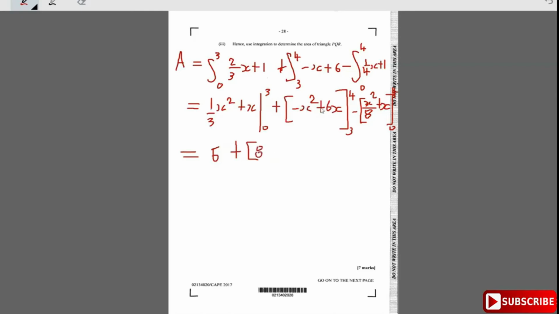Minus, I plug in 3, I get minus 3 squared plus 6 times 3. So I get 8 minus 9. Minus, don't need to plug in 0, so I just plug in 4. I get 4 squared divided by 8 plus 1, which is 3.